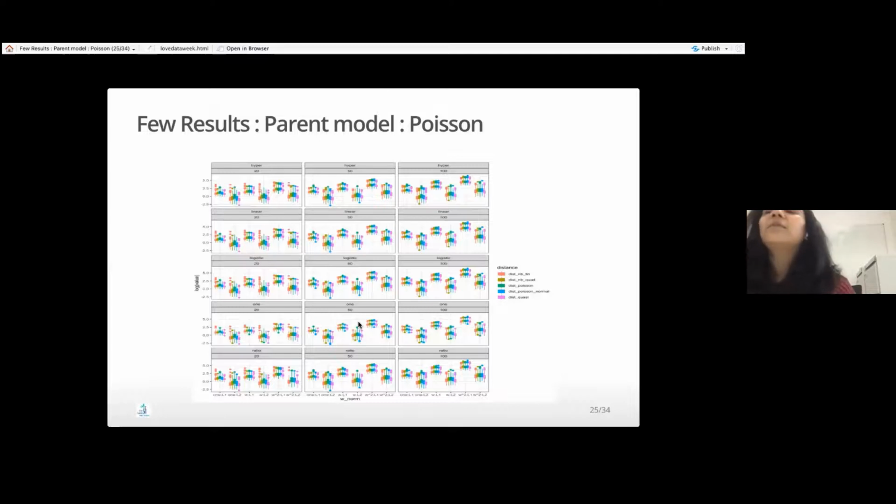In this plot, we're considering the parent model as Poisson, so we're simulating data from a model which does not have overdispersion. What I want you to focus on is that all these rows look the same.